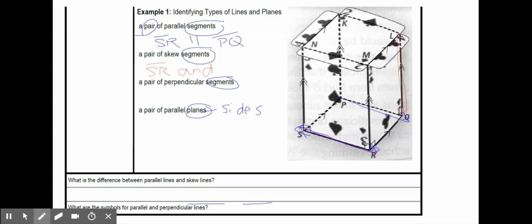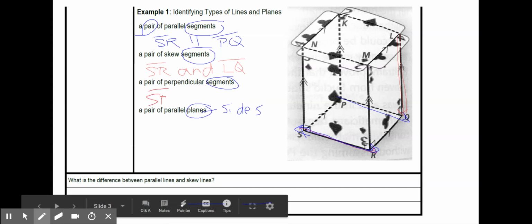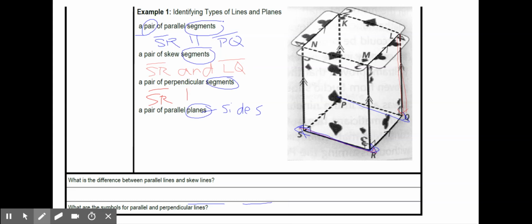It's on the back and LQ will never intersect with SR. Okay, a pair of perpendicular segments. If we start again with segment SR, it's easy to see, it is perpendicular to, let's see, maybe this front, we can see that we have that box, which tells us that it's perpendicular, segment MR.